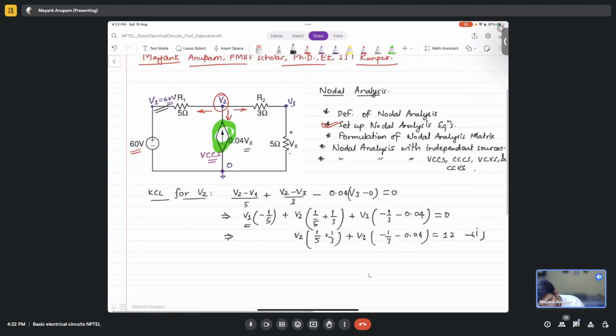We have already written KCL at V2. Now let's write KCL for V3. What will it be?